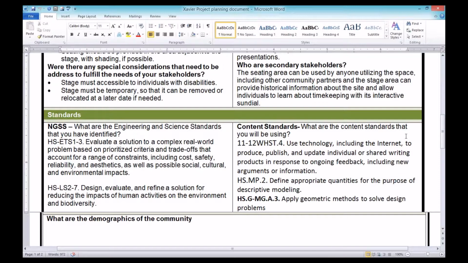Say you're doing an accessibility project for somebody, like with Roberta's project with the ball thrower. Your primary stakeholder is whoever you're designing it for, but secondary would be the caregiver, or also could be the trainers of the dogs.